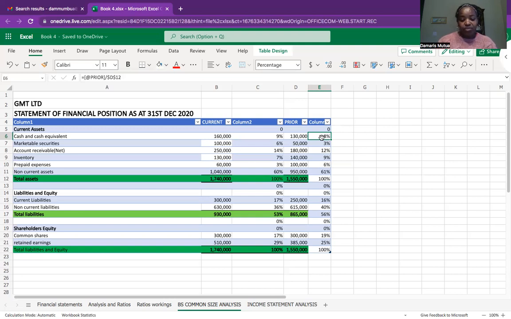If you're presented with information for organizations of different sizes, you're now able to analyze and know how each organization is performing. Maybe if you have divisions within the organizations of different sizes, you're able to analyze and know exactly how each division is performing, how each subsidiary is performing.